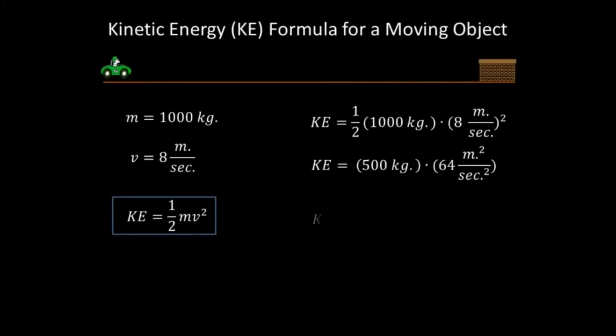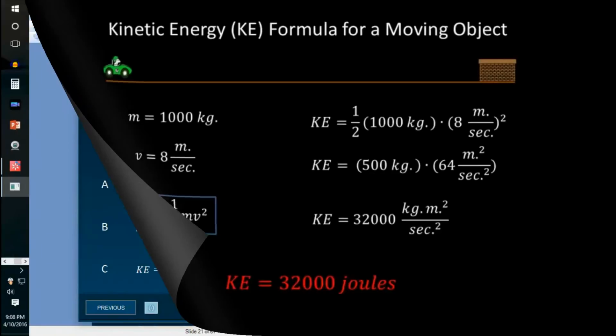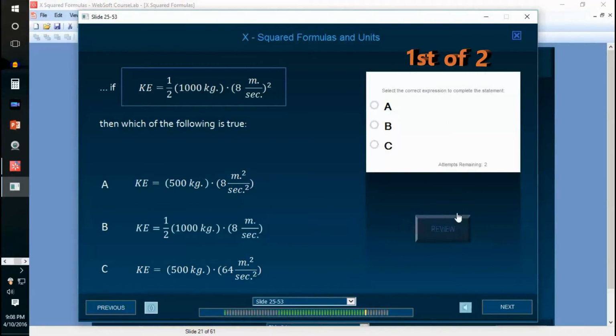Going further, the kinetic energy will be 500 times 64 will be 32,000 kilogram meters squared per second squared. In other words, the kinetic energy will be 32,000 joules. If the kinetic energy equals 1/2 of 1,000 kilograms times 8 meters per second squared, then which of the following is true?